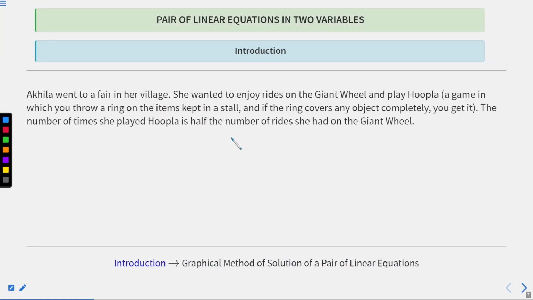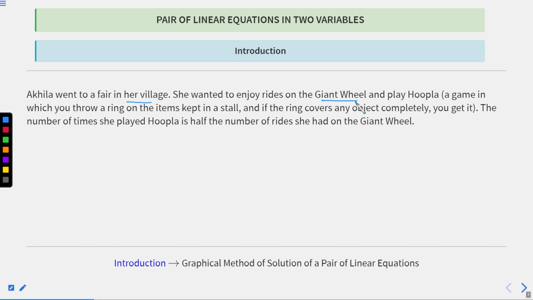Now let us discuss this example. Here Akhila went to a fair in her village, and she wanted to enjoy rides on the giant wheel and play hoopla. And here hoopla means what?